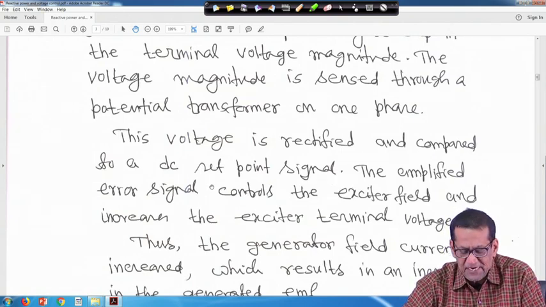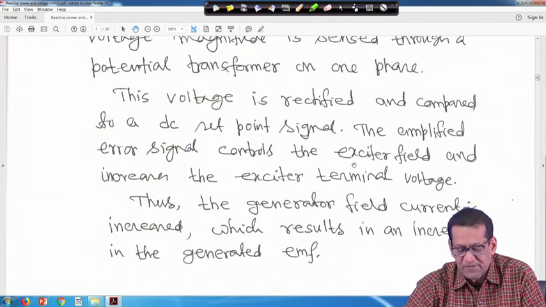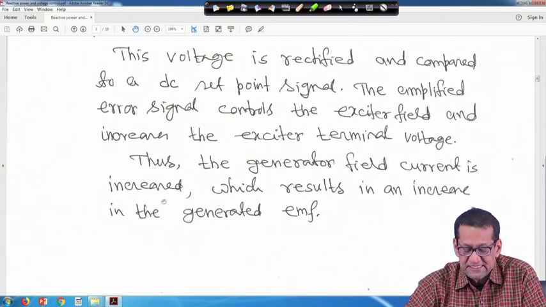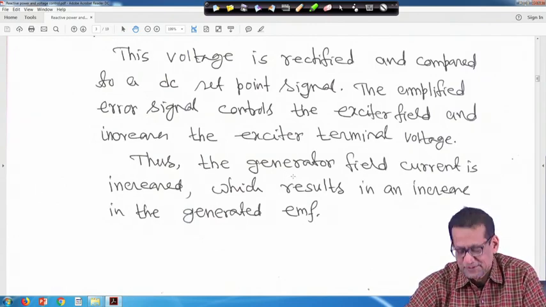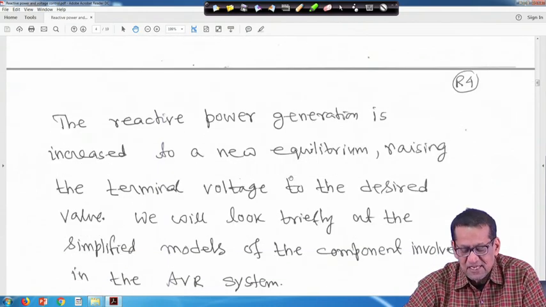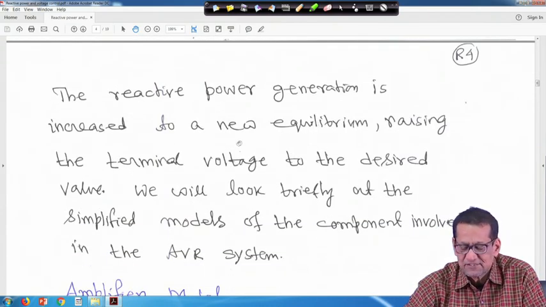The amplified error signal controls the exciter field and increases the exciter terminal voltage. Thus the generator field current is increased, which results in an increase in the generated EMF. You studied this in synchronous machines. So the reactive power generation is increased to a new equilibrium, raising the terminal voltage to the desired value.